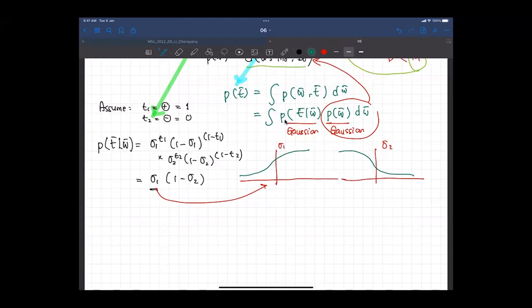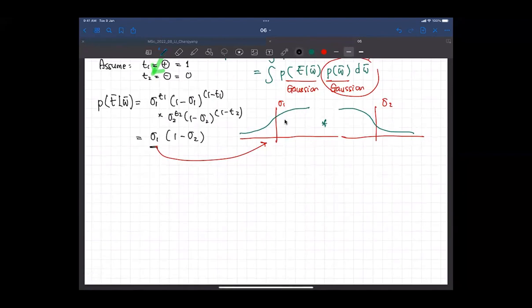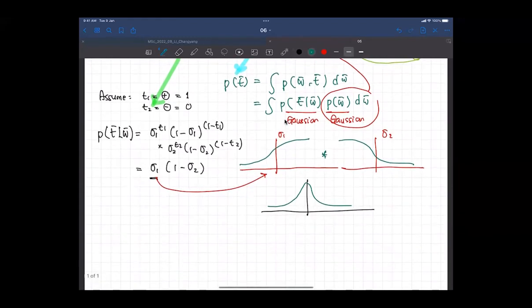If you multiply these two, you will end up with something that looks like a Gaussian, but it's not a Gaussian. So this is how the likelihood looks like: it's not Gaussian, but it looks like Gaussian.